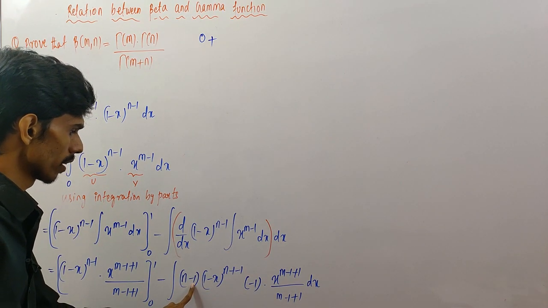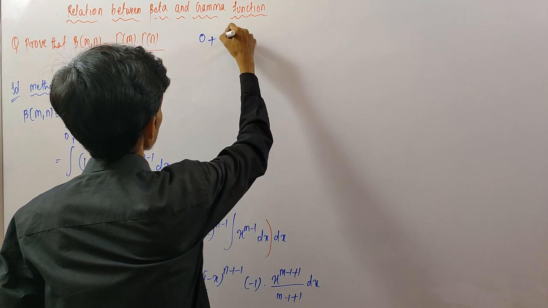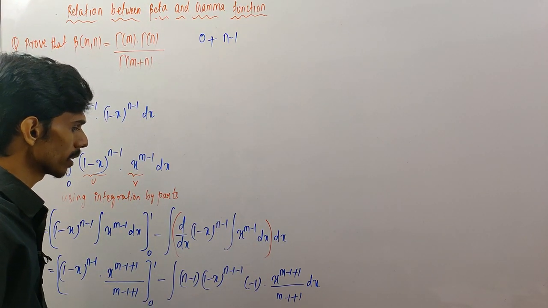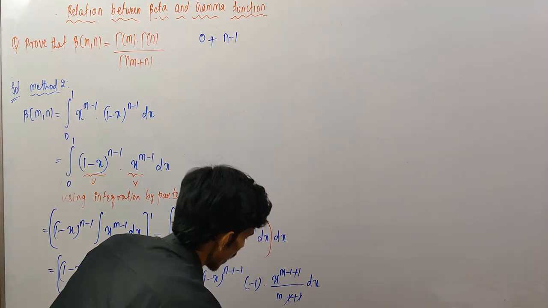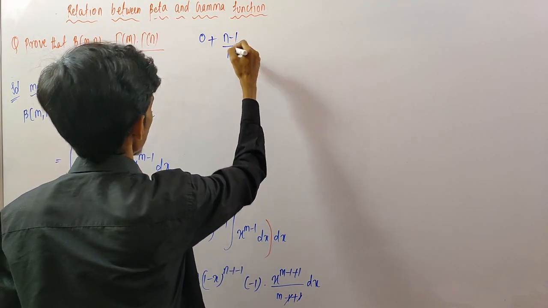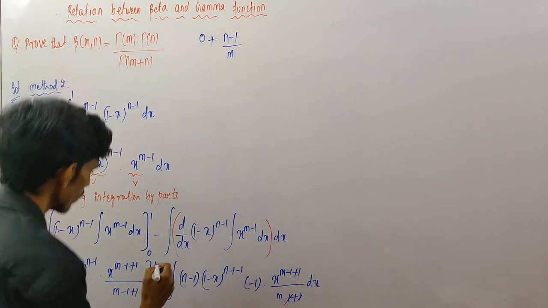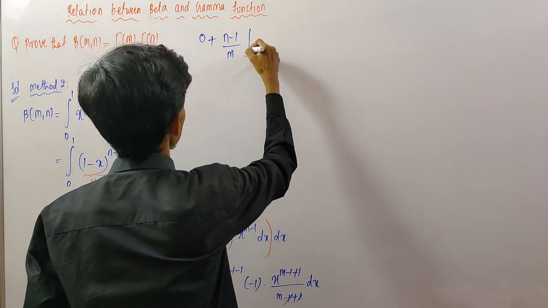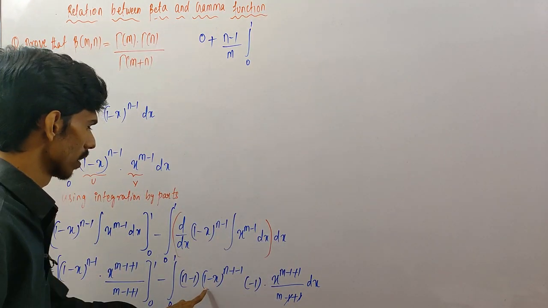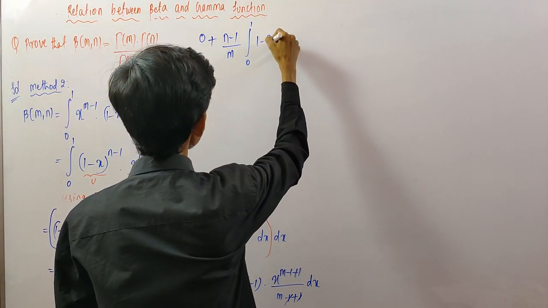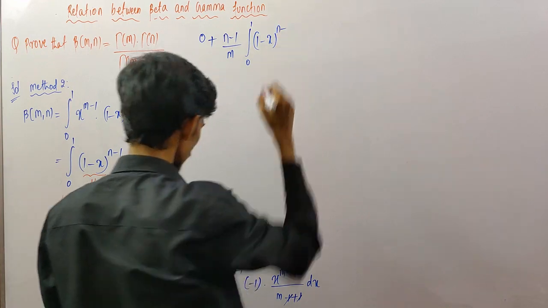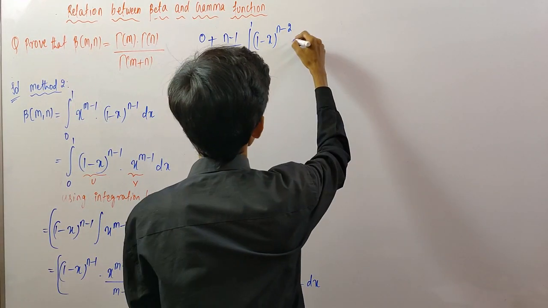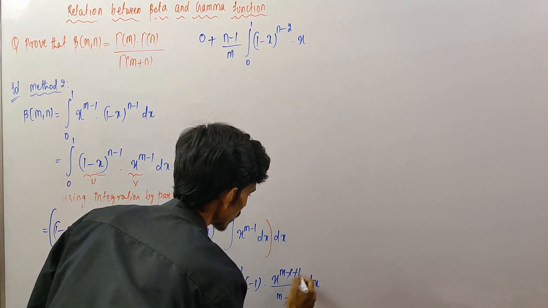N minus 1 is common, that is, it is independent of integration, so taken out of the integration. Here we have m, so take m outside. We have integration 0 to 1, 1 minus x whole power of n minus 2 into x power of m dx, as these two will get cancelled.